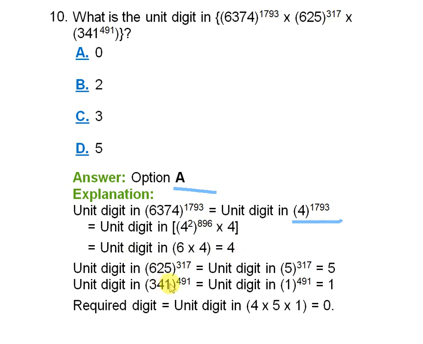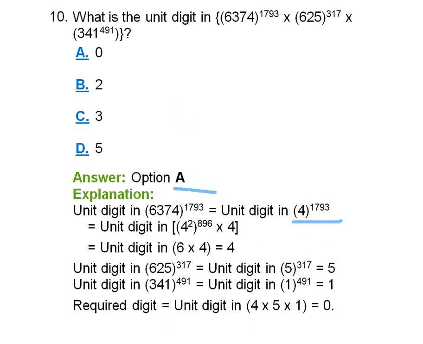Then unit digit in 625 raised to the power 317 equals unit digit in 5 raised to the power 317, that is equal to 5. Then similarly for 341 raised to the power 491, now we will take it 1, that is also 1. And the last required digit, unit digit in 4 into 5 into 1, that is 0.